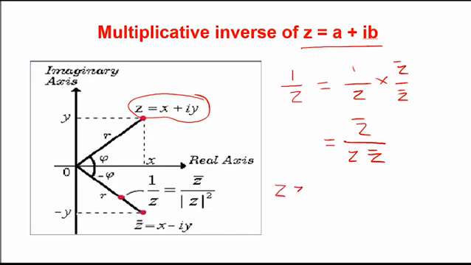Let us just verify. Z into Z bar is equal to, Z is nothing but a plus ib, and Z bar is the conjugate of Z, a minus ib.